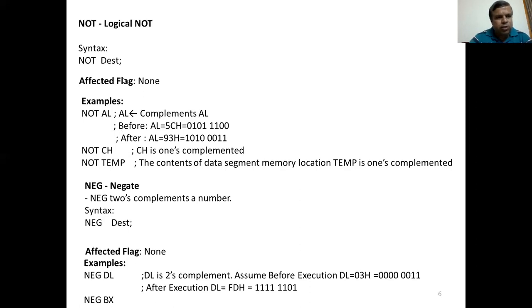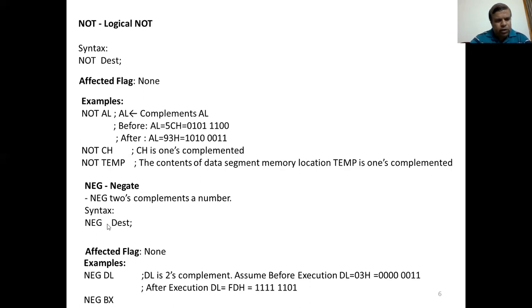So when will this NOT instruction be used? Whenever you want to invert each bit of a binary number, use the NOT instruction. The next logical instruction, NEG, stands for negate. The negate instruction forms the 2's complement of a number. The syntax is NEG destination.